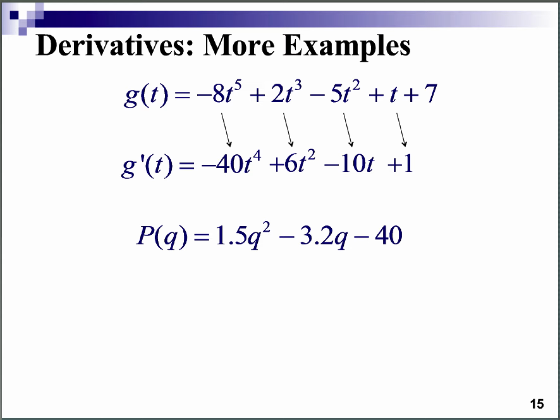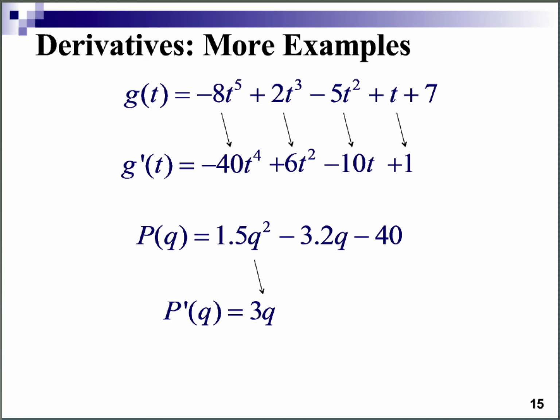Try it again with p of q here. Maybe pause and then come back when you're done. So the derivative of p of q will look like this. 2 times 1.5 gives me 3. The power on q becomes 1. The second term, negative 3.2q, is basically a line.